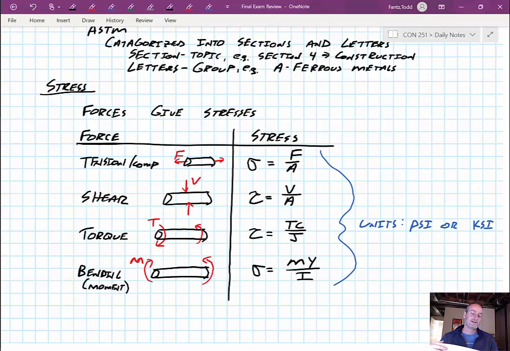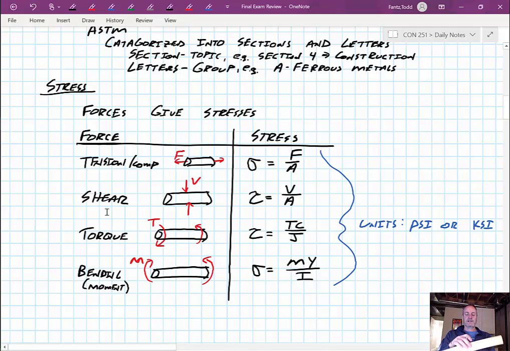We talked about these throughout the semester, but in summary, when we talk about a pulling, a tension, or a compression for a force, we end up with a stress. Over on this other side, I have sigma equal to whatever force I'm pulling with divided by that cross-sectional area. Those problems dealt with how much force is applied and what area it's applied over; divide force by area and that gives the stress.